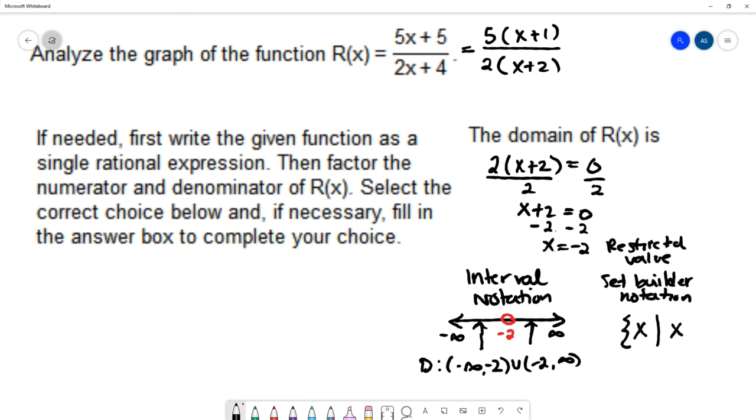So we only have one rule, and that is that x cannot equal -2. Other than that, any other real number can be included in the set. So you can write the domain in interval notation as -infinity to -2, union with -2 to infinity, or you can write it in set builder notation as any real number not equal to -2.